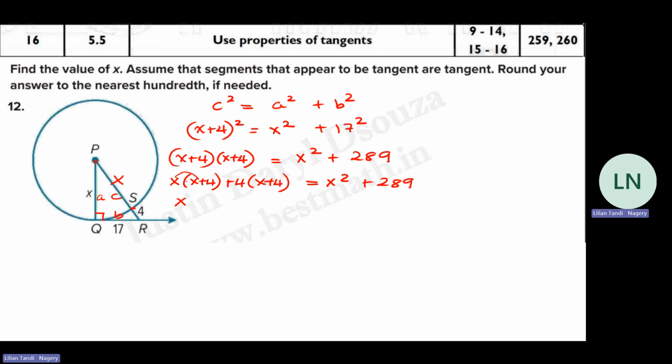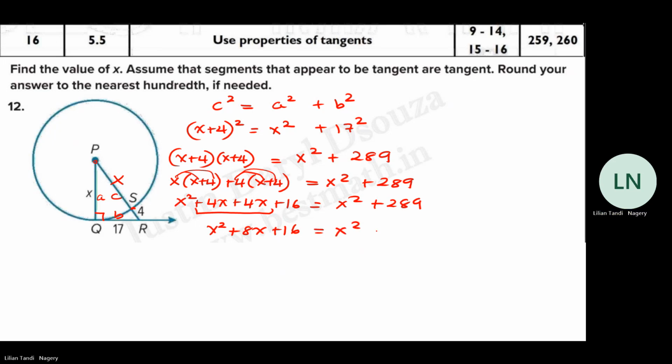X squared plus 4x plus 4x plus 16 equals X squared plus 289. X squared plus 8x plus 16 equals X squared plus 289.